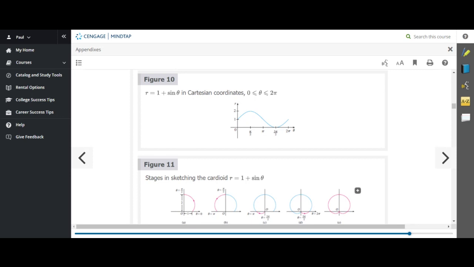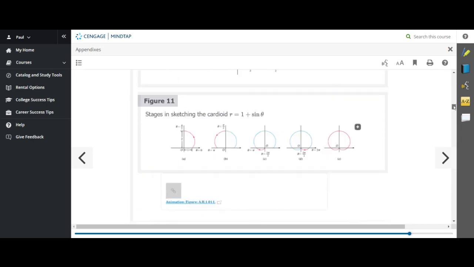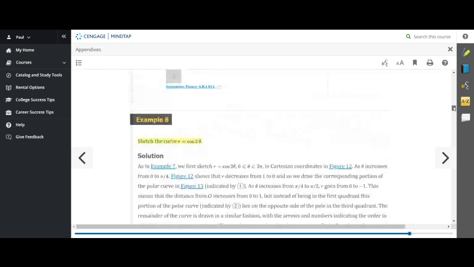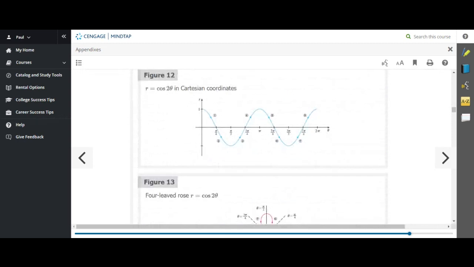That would force you to show a good, or decent, understanding of this. If you go down here, they even have the curve r equals cosine of 2 theta, and they graph that in figure 12.